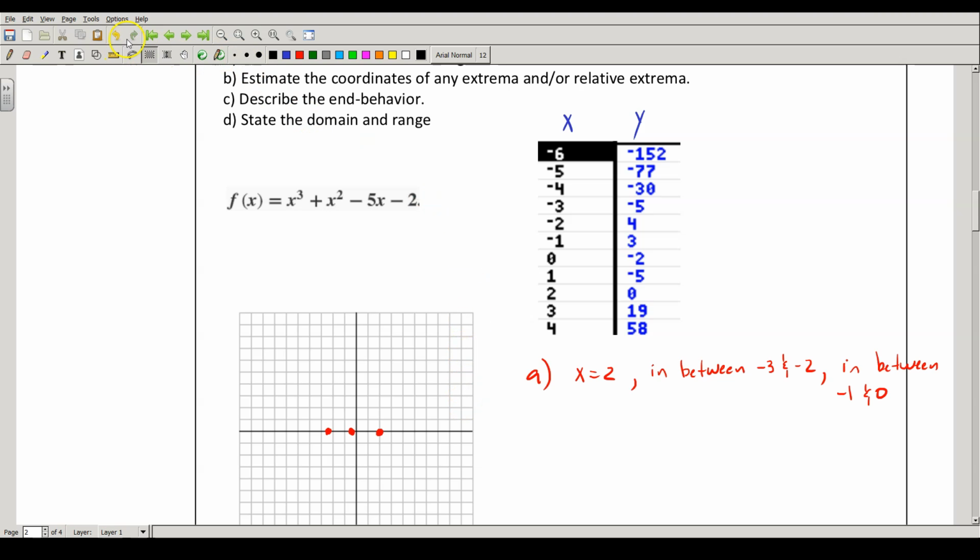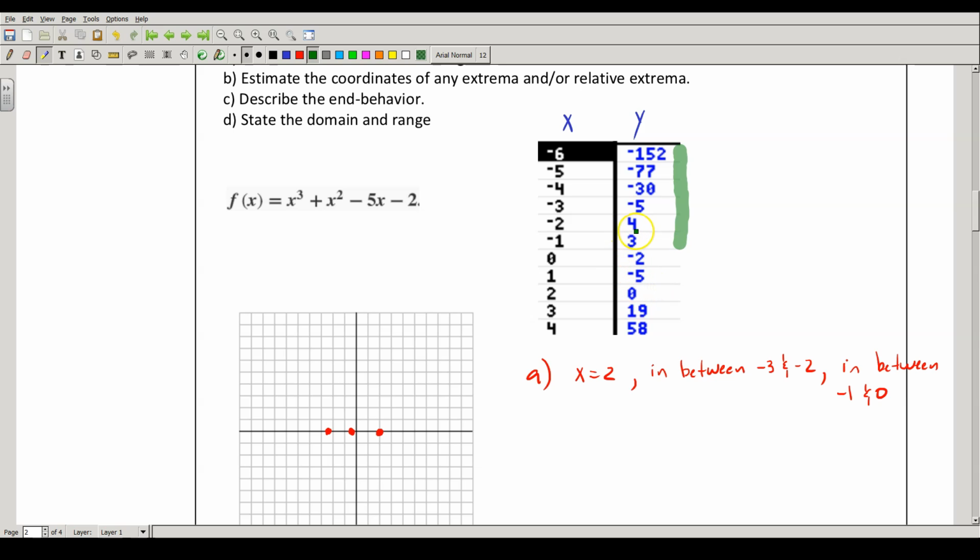Where does that change happen? So if we look at the y values, we want to see these patterns. If we start up here, it's at -152, and as we go down, it's actually increasing. The y values are getting bigger, -30, -5, 4, it's up to y equals 4, and then after that, it starts going down.